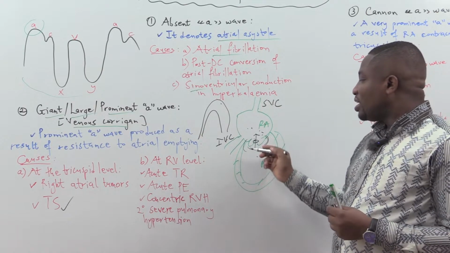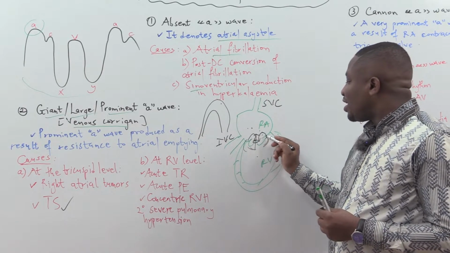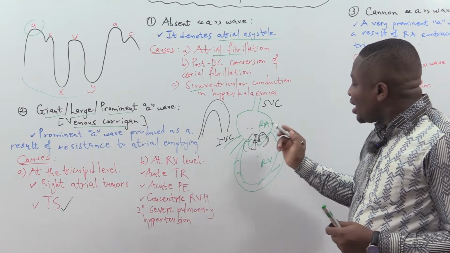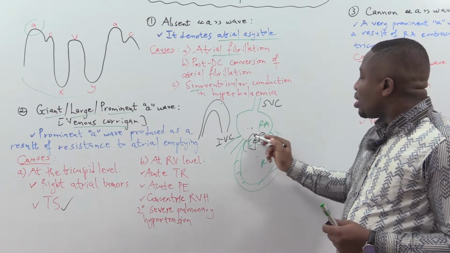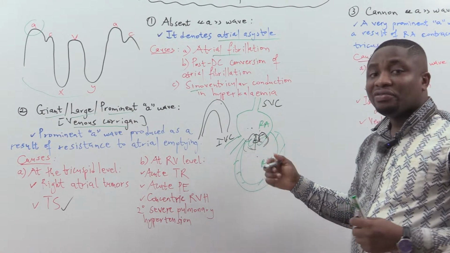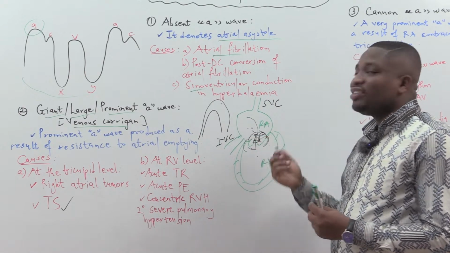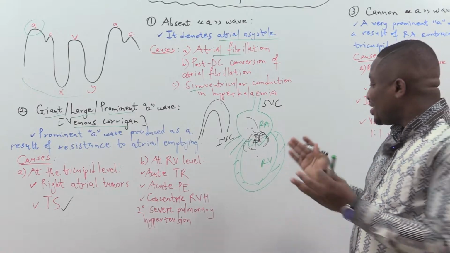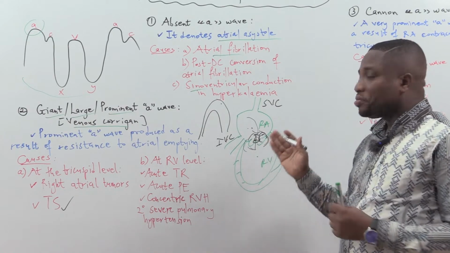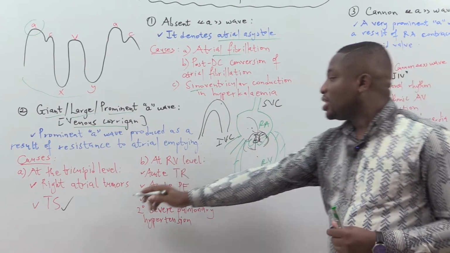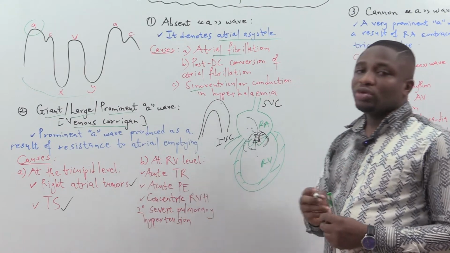Another cause at the tricuspid level could be what? Right atrial tumors. When there are atrial tumors in the right atrium closer to the tricuspid valve, definitely it is going to produce a resistance against the right atrial emptying. So at the right atrial level, yes, we have the tricuspid stenosis and we also have the right atrial tumors.